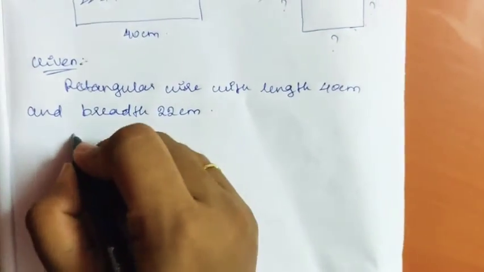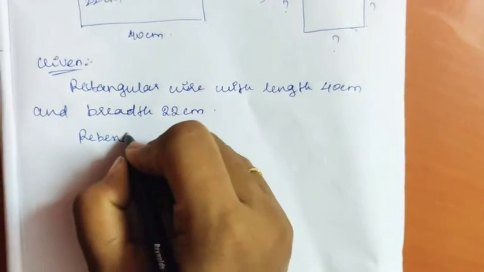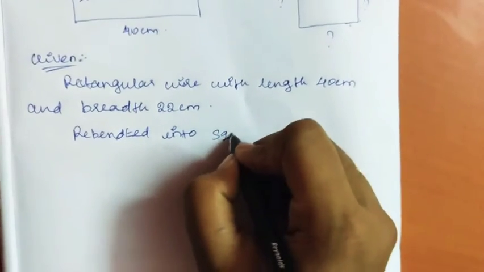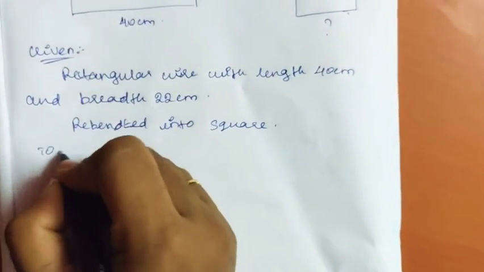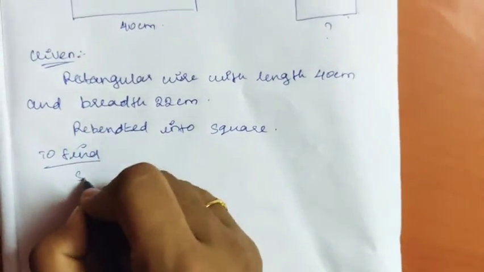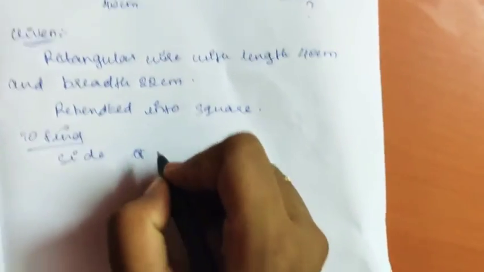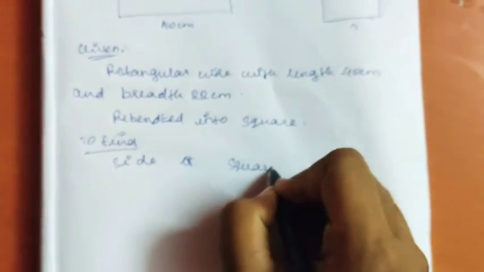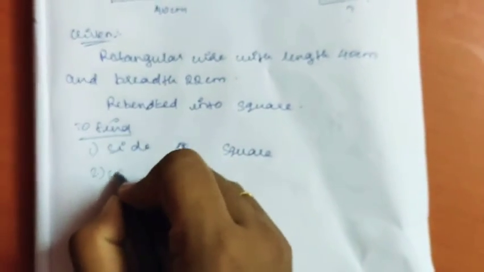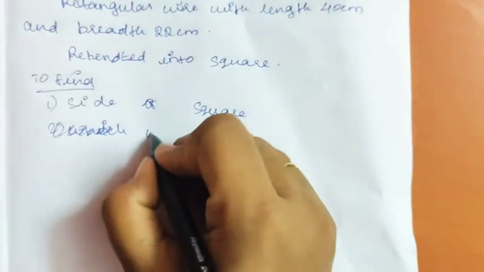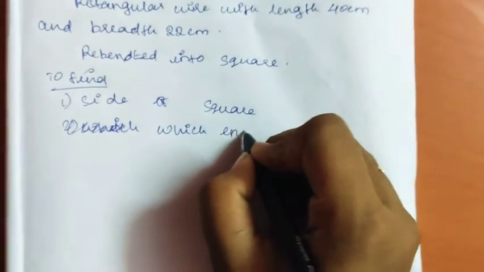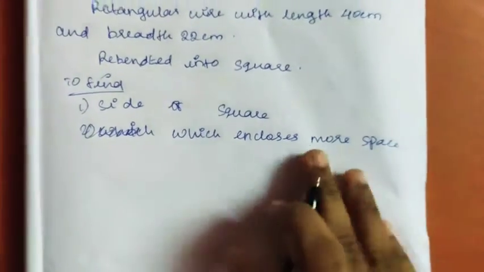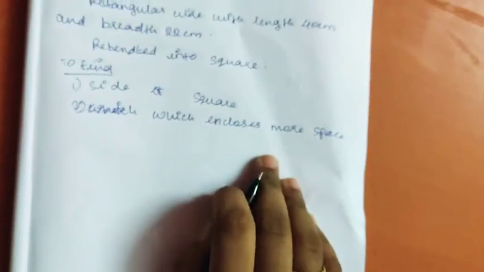This is rebent into a square. We have to find the side of the square and which encloses more space.